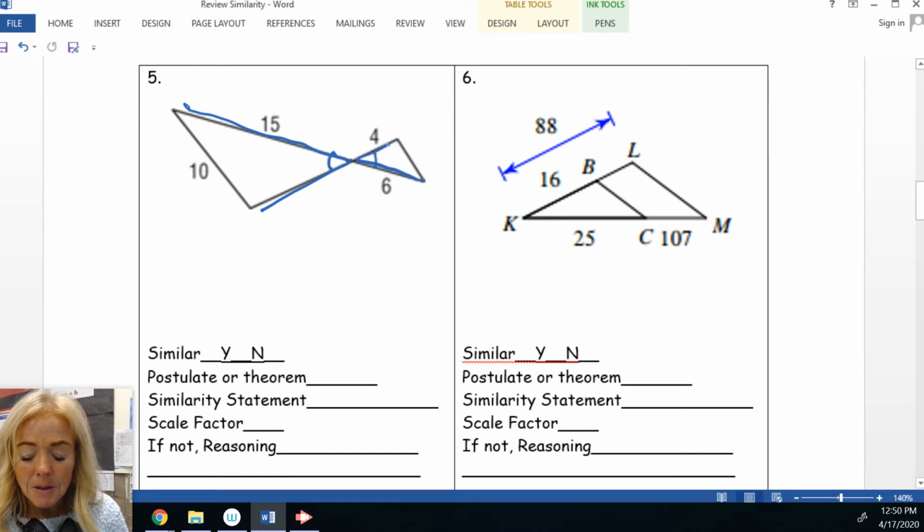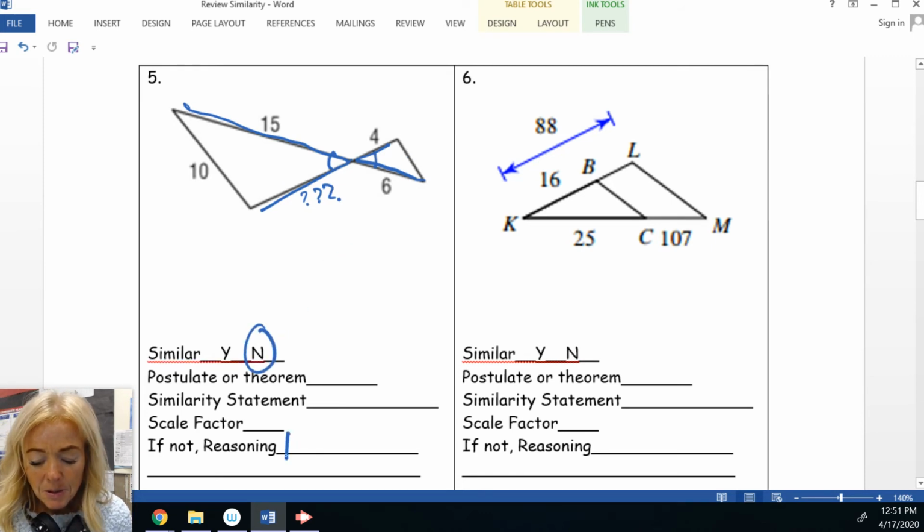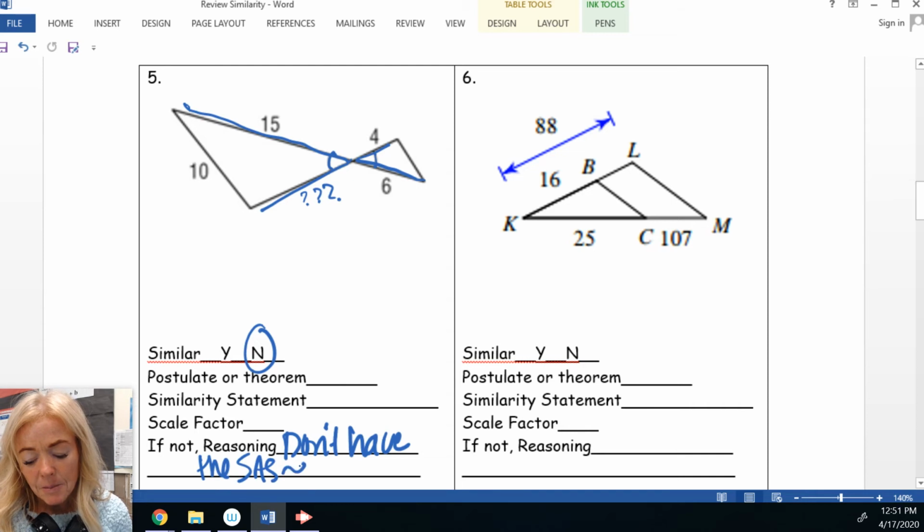So we have side, angle, side on this one, that one's good. But with this triangle, we are missing this side right here, which is the wrapped side, which we don't have, and therefore it cannot be determined. And we don't have the side angle side similarity sides given. Okay, so that one we do not know.